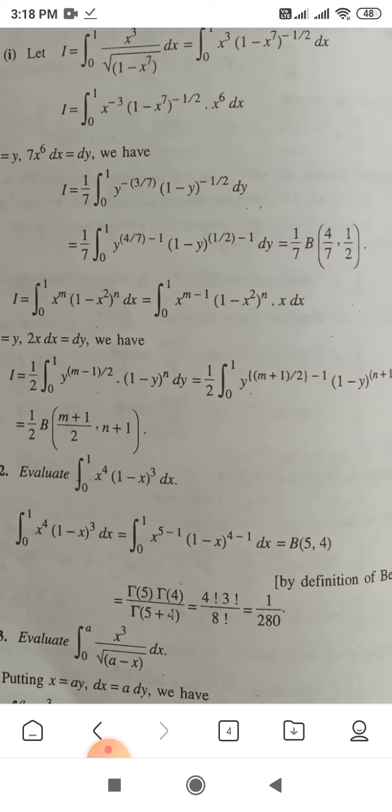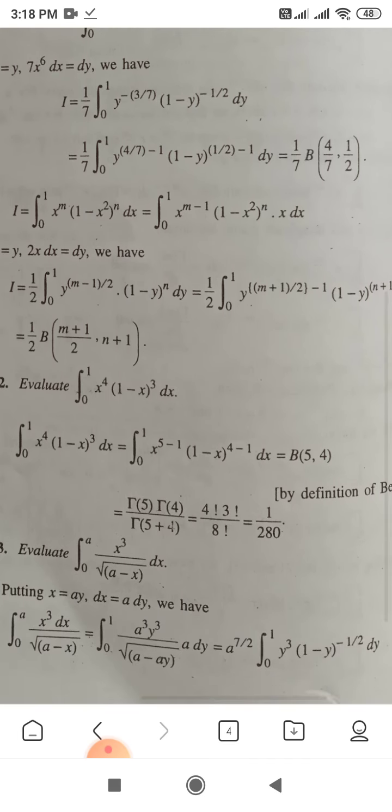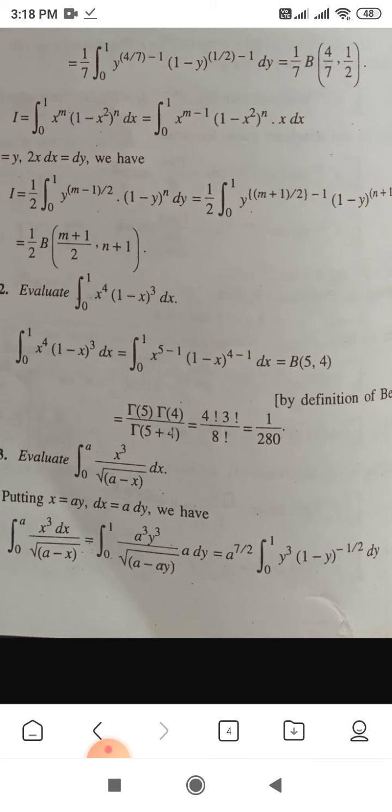So gamma 5 is equal to factorial 4, gamma 4 is equal to factorial 3, and gamma 5 plus 4, that is gamma 9, is factorial 8. So expanding all the factorial functions, we get the value 1 upon 20. This is the solution of this problem.